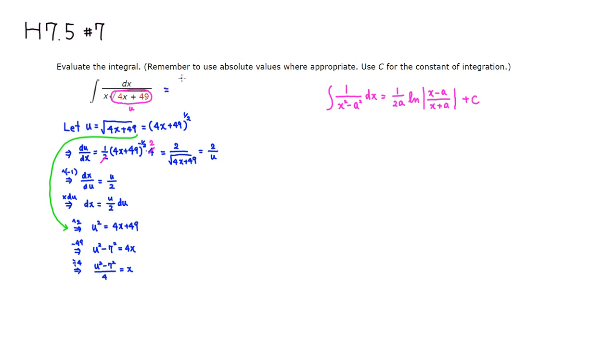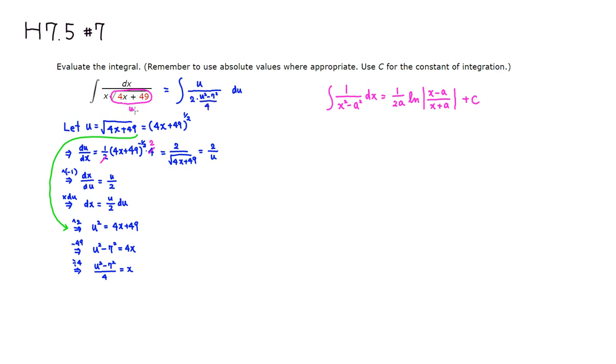Let's put everything in. So you have an integral. dx is the same thing as u over 2 du, so I'm going to put u on top, 2 on the bottom, and du at the end. X we just found to be u squared minus 7 squared over 4.